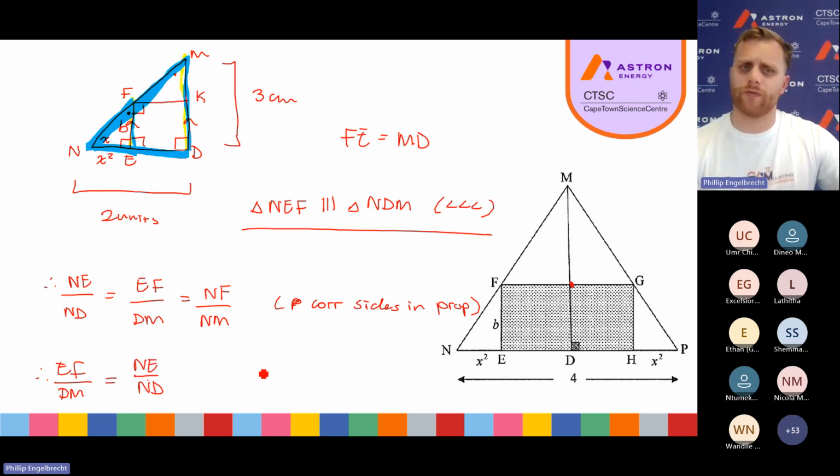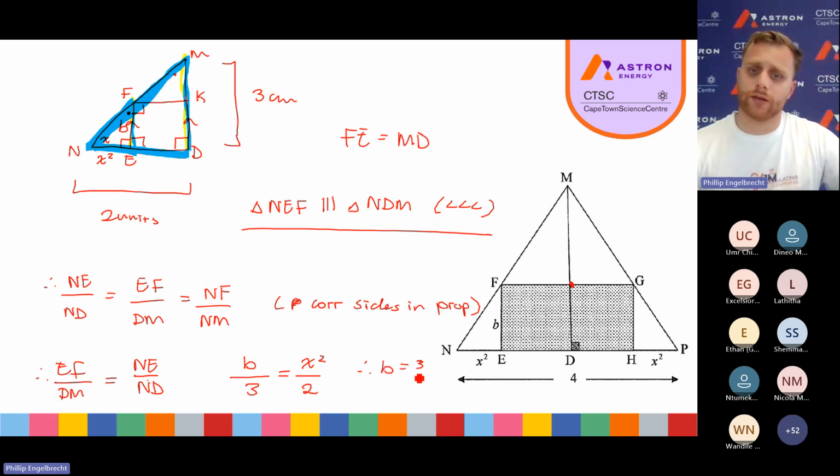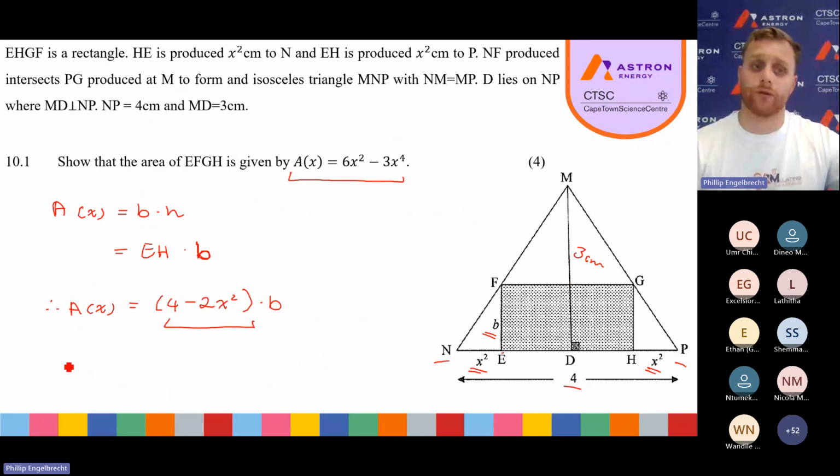All right, so what's the value of EF? EF is B, MD is 3, and that is equal to NE, which is x squared, over ND, which is 2. And therefore, you solve for B and you get that B is 3 over 2 x squared. Alrighty. So that means that B is 3 over 2 x squared.